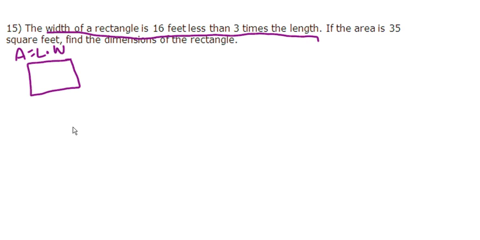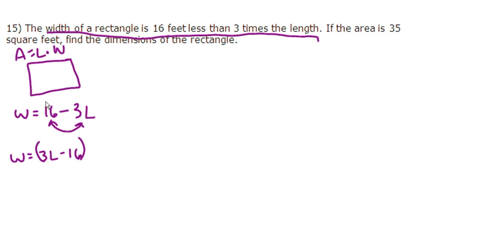I can write this as an equation. The width is 16 feet less than 3 times the length. The only thing I have to remember to do is less than means flip it around. So my width is 3L minus 16. So since I know that the width is 3L minus 16, I want to use that for my equation.